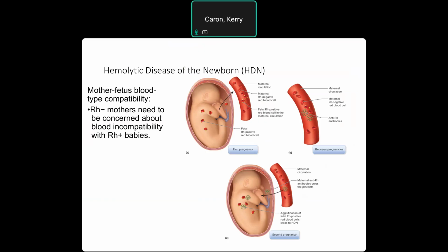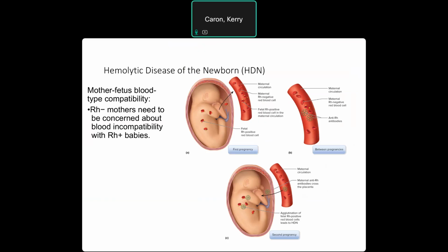Then in the first pregnancy, the body will start to recognize, well, this is foreign. What's going on here? And after the baby is delivered, between pregnancies, the mother will create anti-RH antibodies. It didn't like that. What is that? That's foreign. There's an invasion.